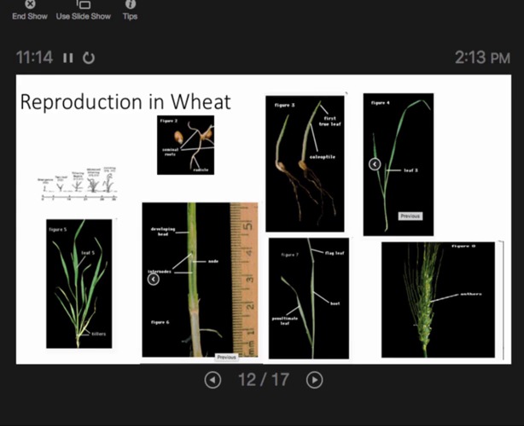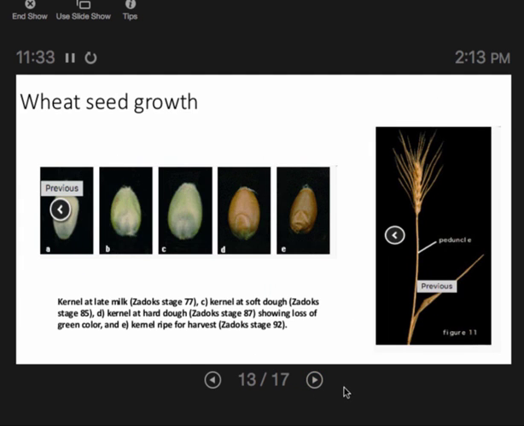And then flowering will start occurring, and then it'll start getting kernels, the young kernels, and they will go through a particular stage of swelling up with water. They have a late milk stage, a soft doughy stage, and a hard doughy stage.